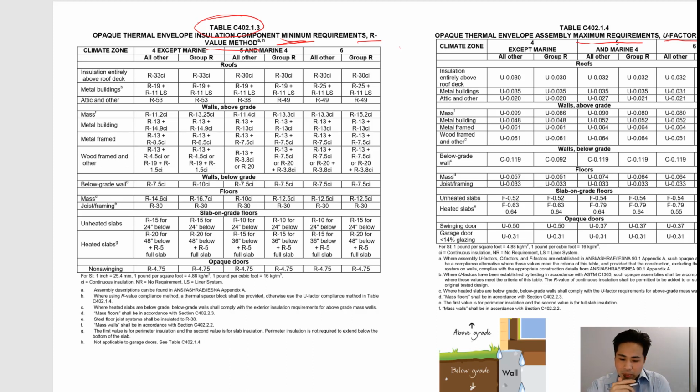And if you remember the formula, Q is equal to U A delta T, or Q is equal to 1 over R A delta T. So in order to minimize the Q, you want to keep the U value no larger than that maximum number, which is the reason why the Energy Code gives you a maximum for the U value.